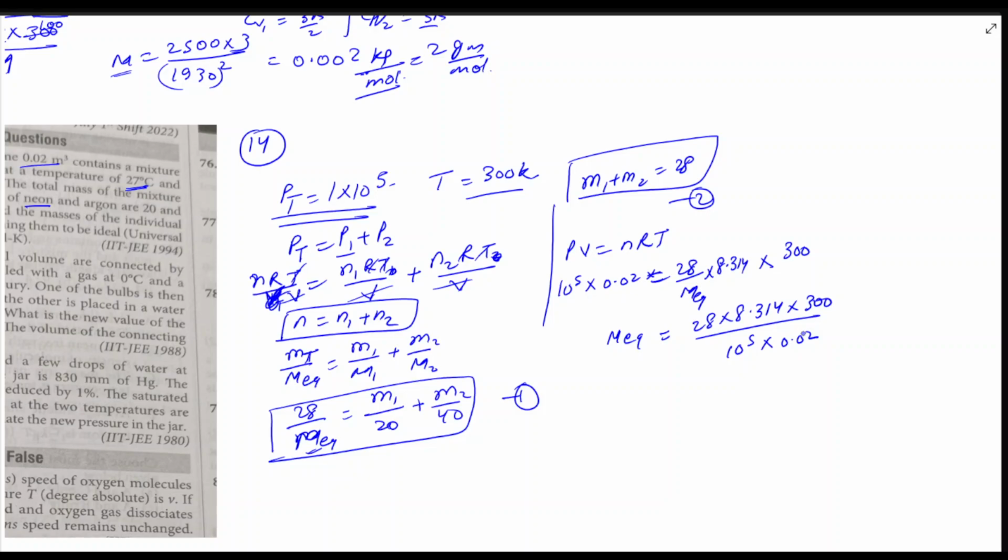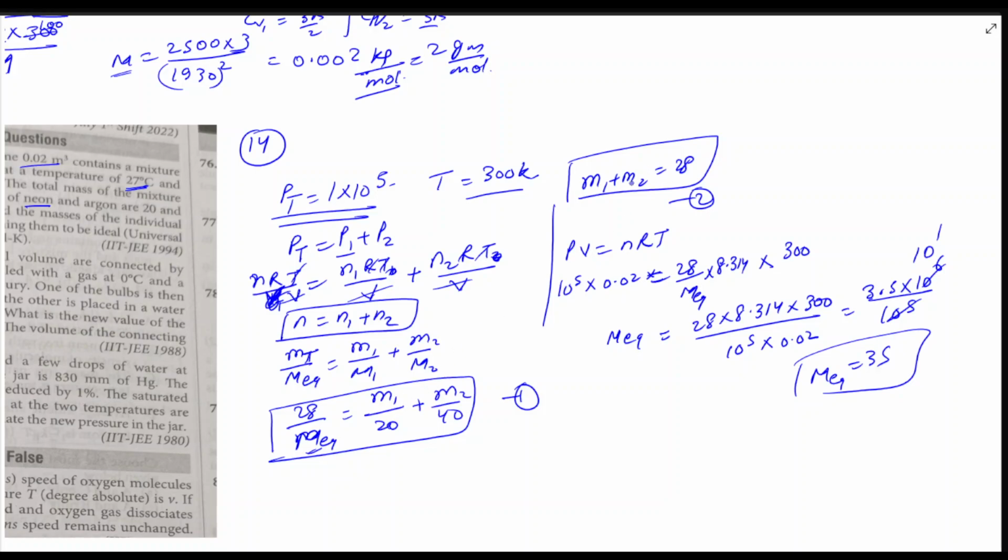So we will have almost 35. Okay, just use the equation here.